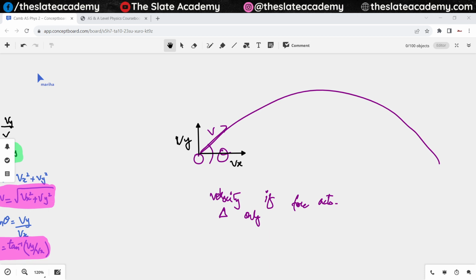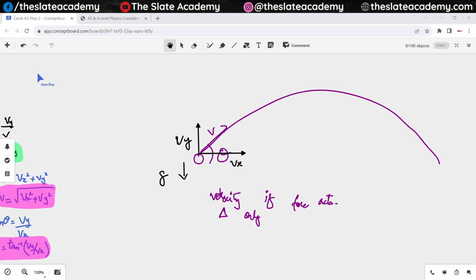No. Gravity is there, but gravity acts vertically and pulls the ball down. There is no air resistance, and it's moving in air, not rolling on a surface, so there is no surface friction. So there is no force opposing the forward motion of the ball.